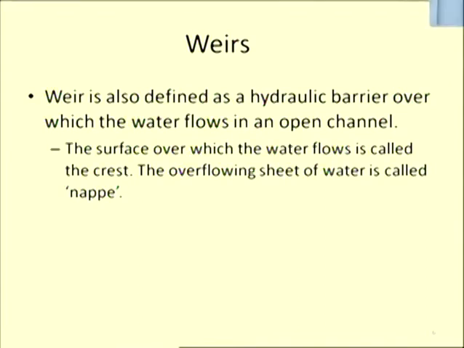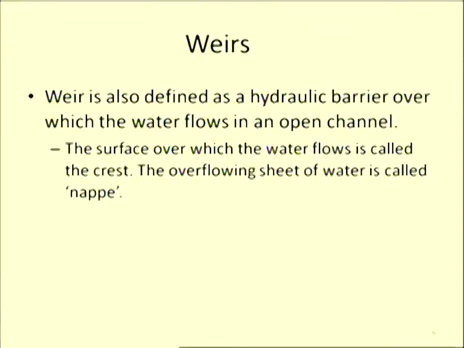The water which goes above the crest and then joins the downstream, because not all the water is held back on the upstream side, but goes down, and that water jet which strikes down onto the downstream side is the nappe. We call it the nappe in technical terms.